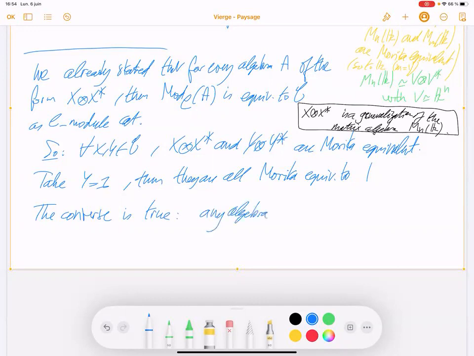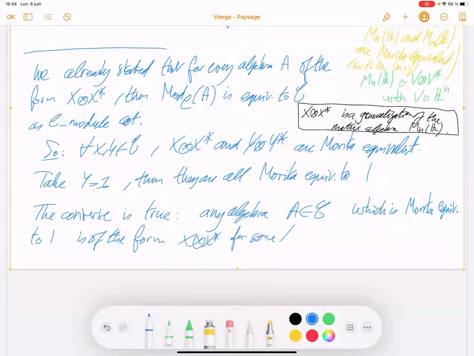Any algebra A in C which is Morita equivalent to 1 is of the form X tensor X star for some X. In other words, mod-CA equivalent to C implies A equals X tensor X star for some X in C.